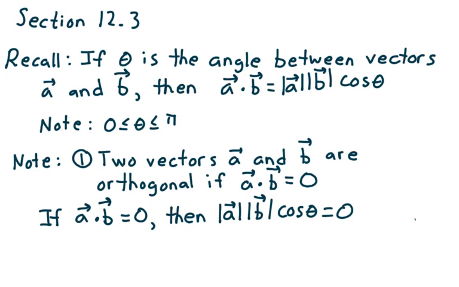But we're talking about non-zero vectors, which means the magnitude of A and the magnitude of B cannot be 0. And so what that says is that the cosine of theta is equal to 0, and the way that can happen is if theta is equal to pi over 2.